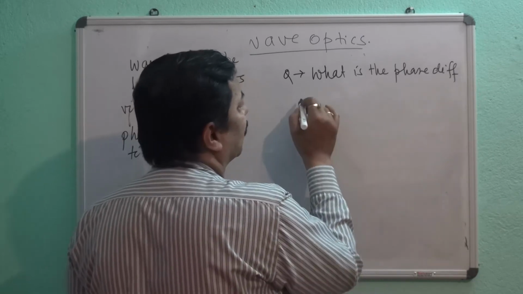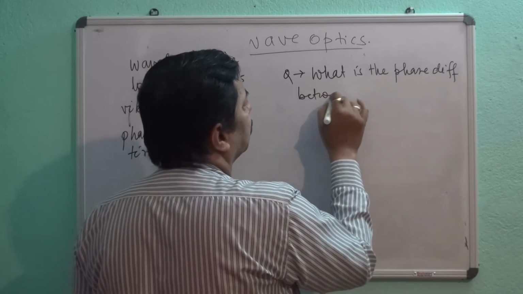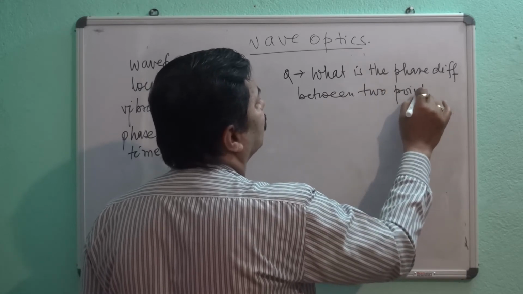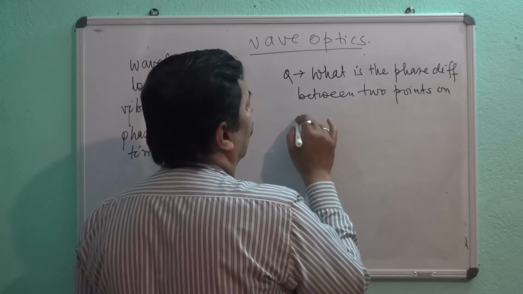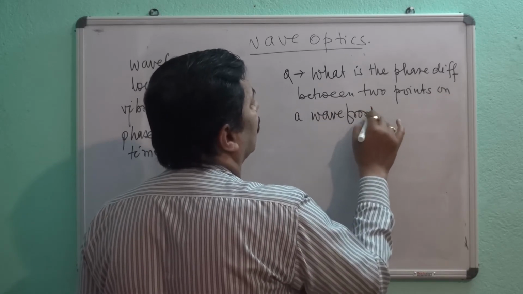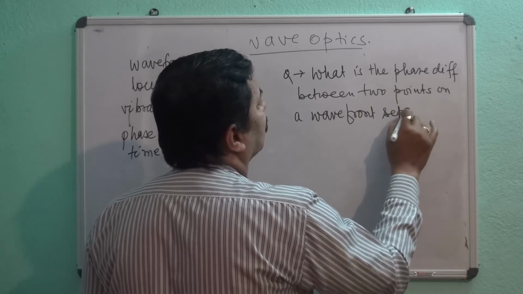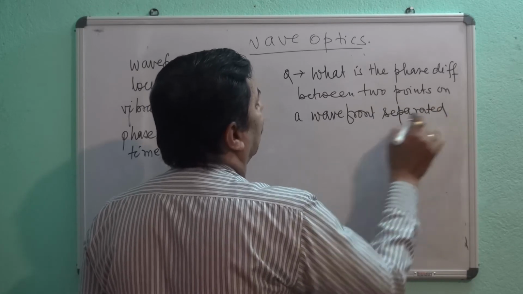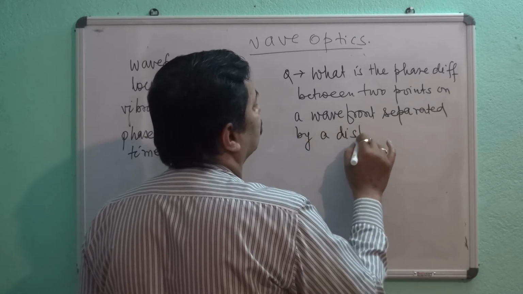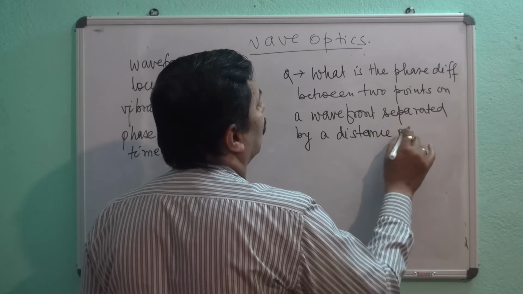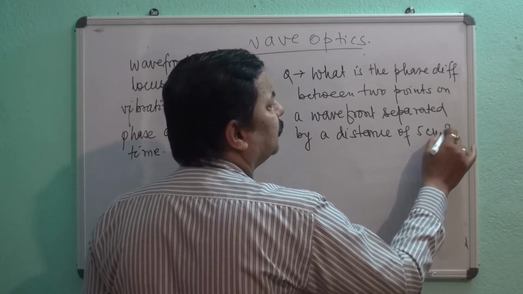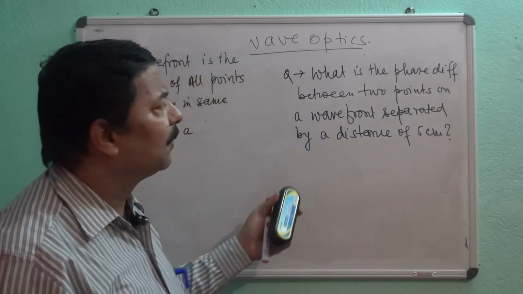What is the phase difference between two points on a wavefront separated by a distance of, generally, 5 centimeter, and 4 options will be given to you.